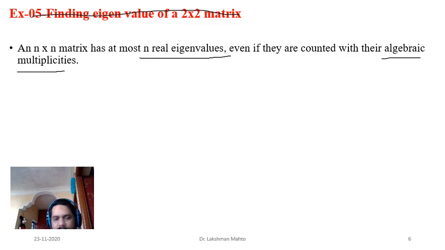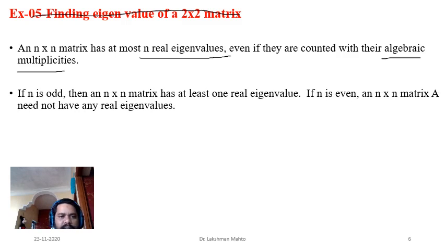Further, if n is odd, then there is a guarantee that the matrix will have at least one real eigenvalue. But if n is even, then A may not have any real eigenvalue.